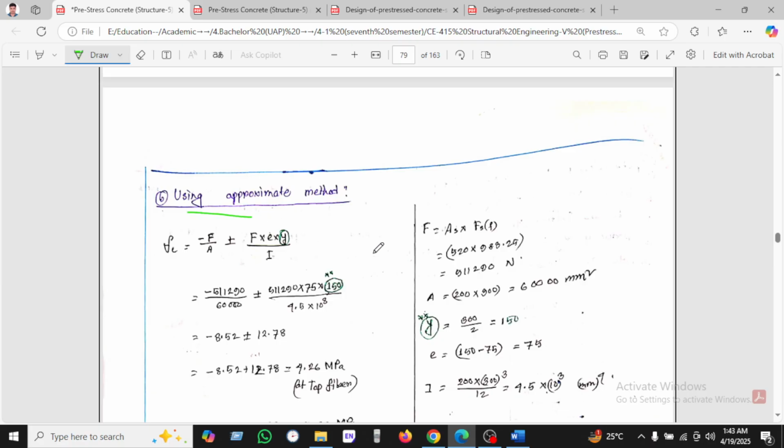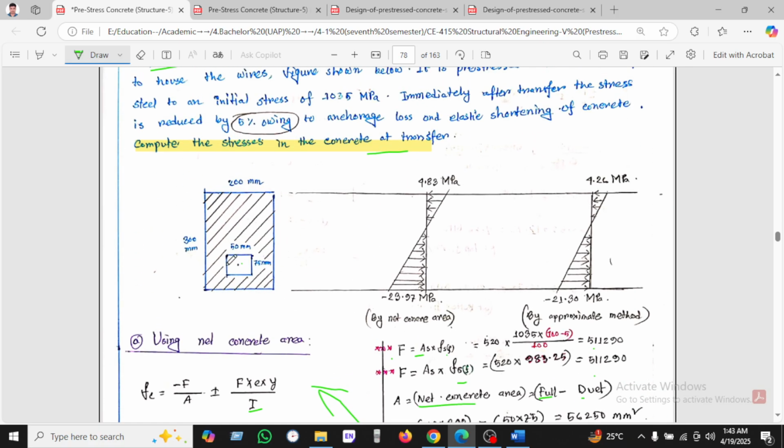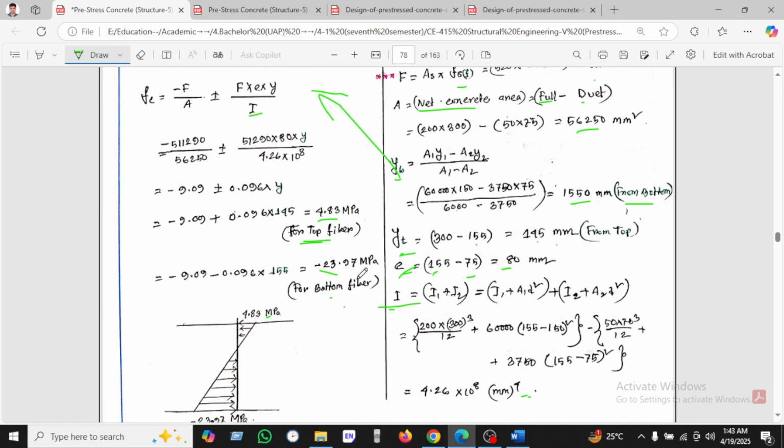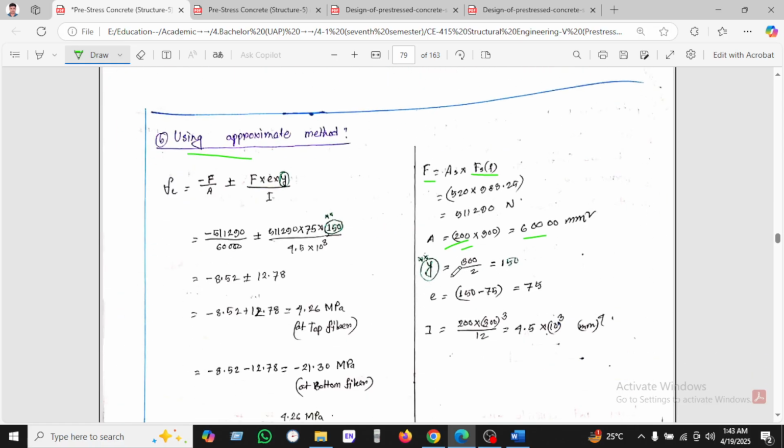Now using the approximate method, as usual we use f equal to s into A, and we found A equal to this below. We will not reduce the duct, as we are taking all the value, and y equals 300 divided by 2.